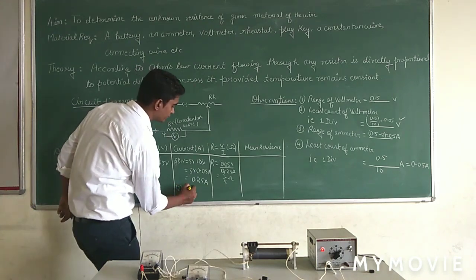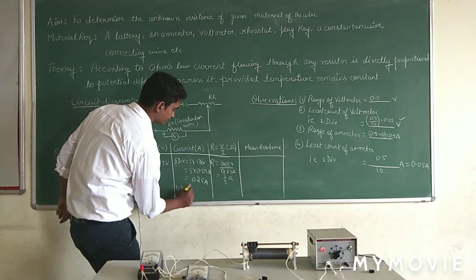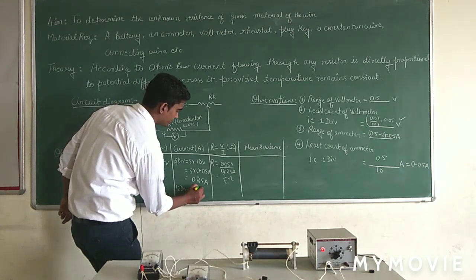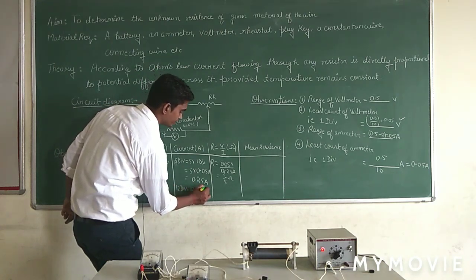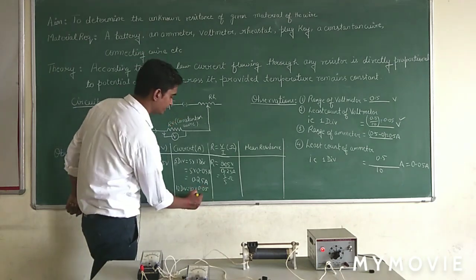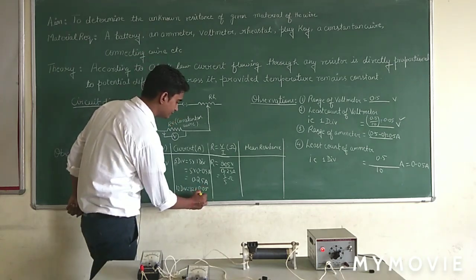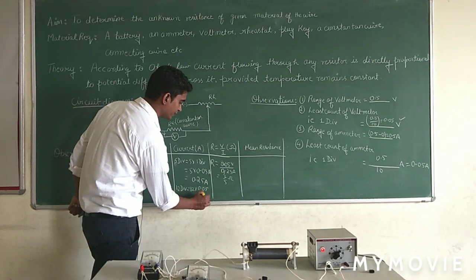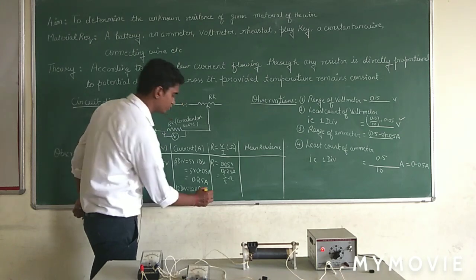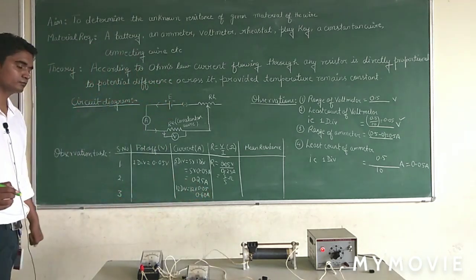12 divisions is equal to how much? 12 multiplied by 0.05. It is 0.6 ampere. I can say 0.60 ampere.